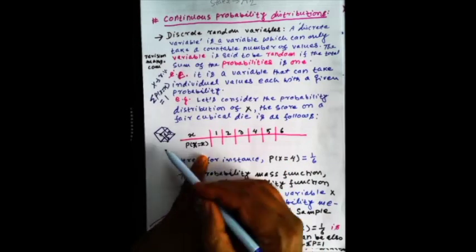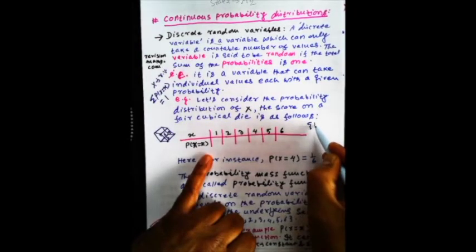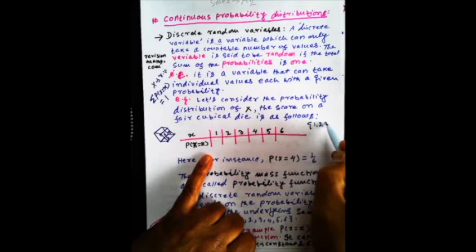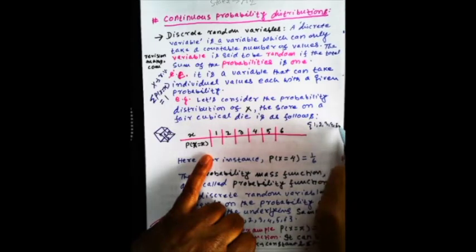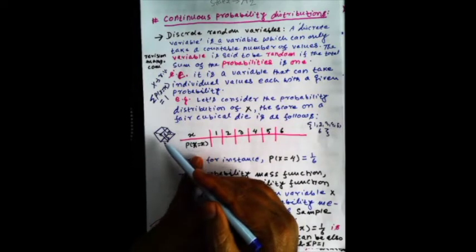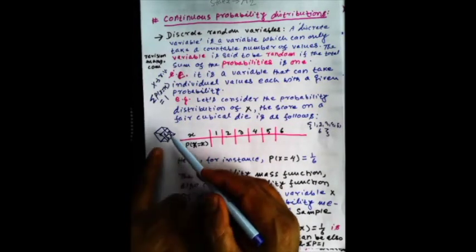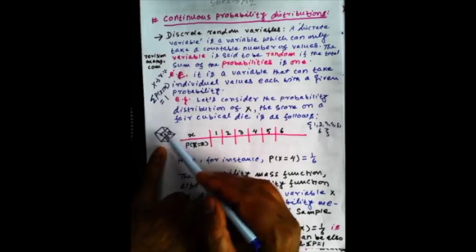Suppose the die is fair, so each face will have an equal chance of turning up because we have taken the die as unbiased.